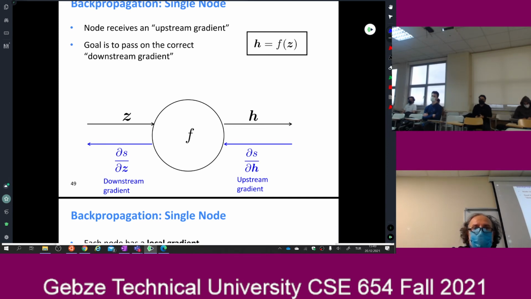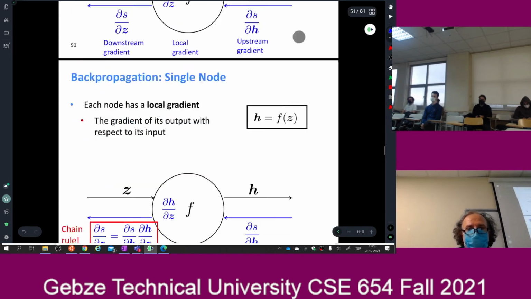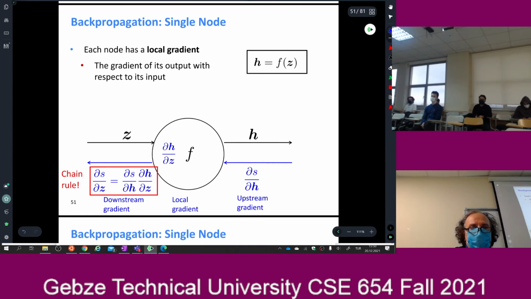If H is F of Z, what am I going to do with the chain rule? This is my local stuff: derivative of S with respect to H, derivative of H with respect to Z. If you multiply these two together, I would get derivative of S with respect to Z, right? So it's going this way, back propagation. This is forward propagation.